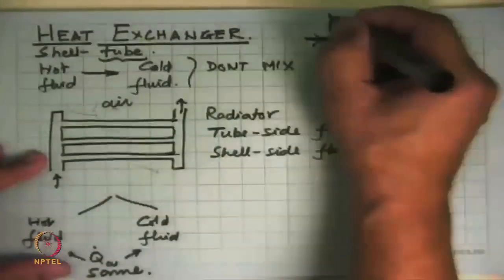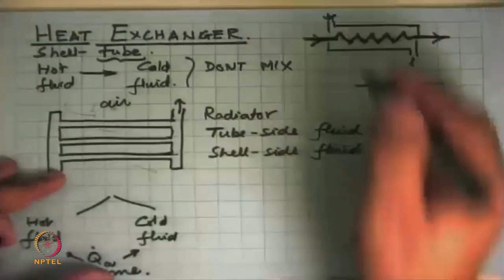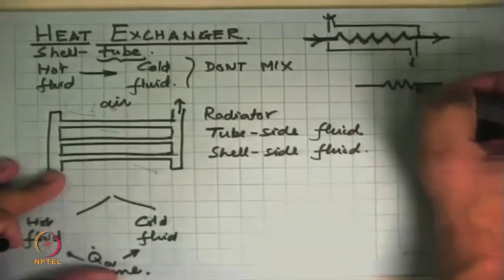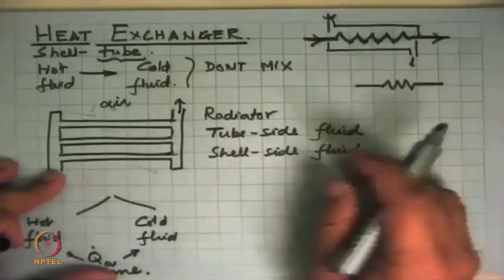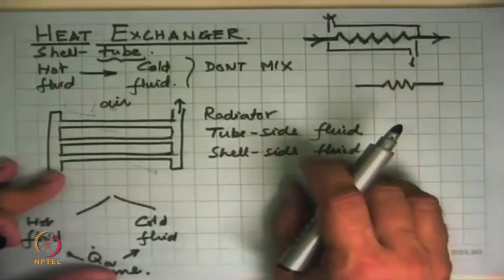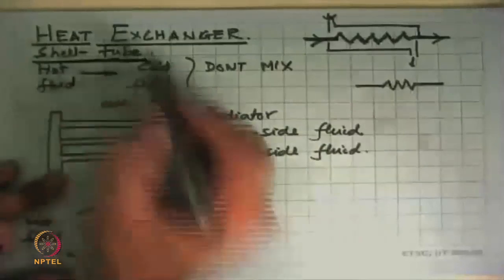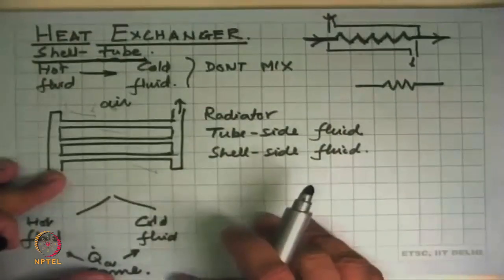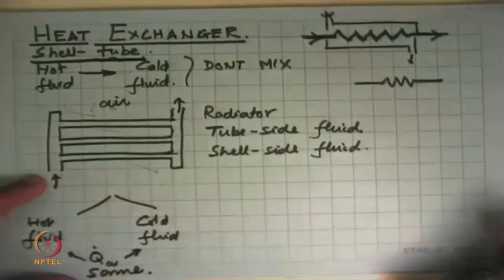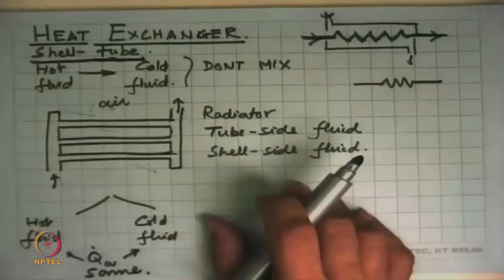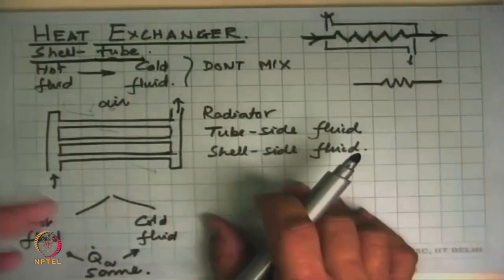What the shell means is that you have enclosed the other fluid also in a device, say a tank or a big enclosure. So the other fluid flows inside this and comes out. The tube side fluid goes only inside through the tubes. So when you make this entire thing, it gets known as a shell and tube heat exchanger.